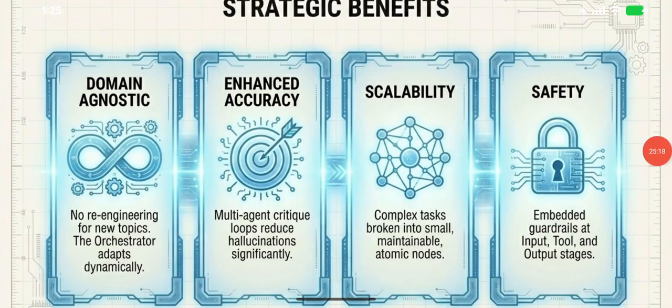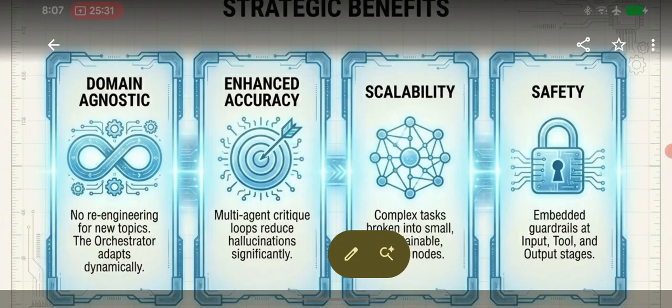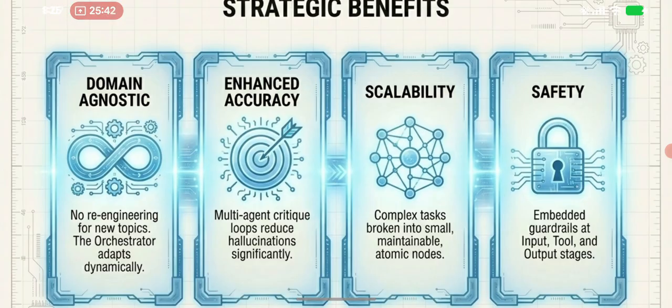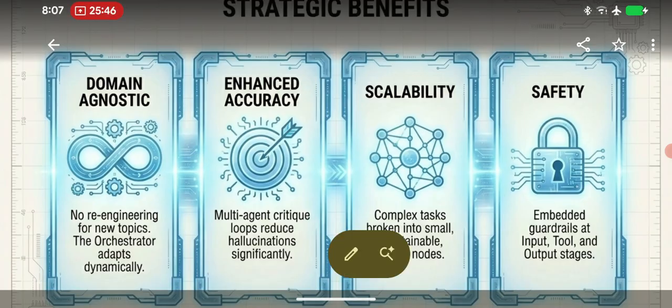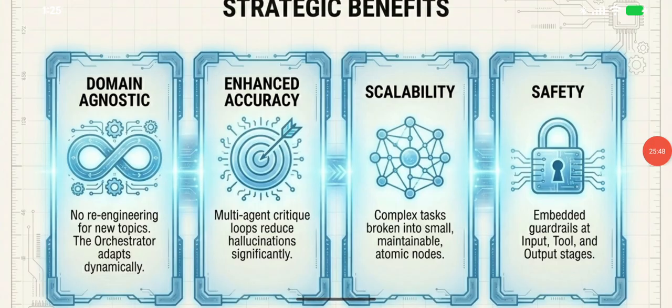Right, so the benefit of such a dynamically generating, domain-agnostic solution is we don't need to re-engineer and program for every different question asked by the users. It helps increase the accuracy and address a larger audience. The solution is scalable and guardrails can be used for safety.